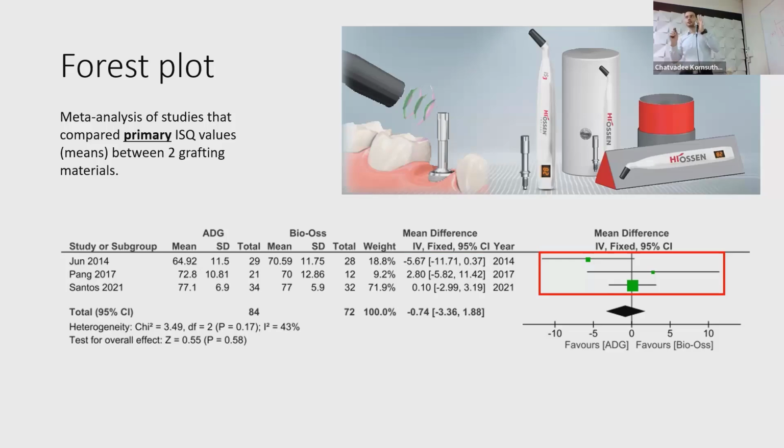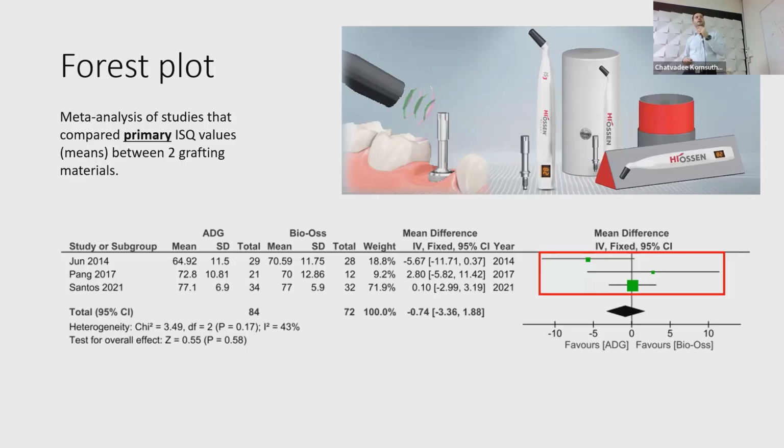Okay? All right, just keep it as it is for now. Things will become clearer more and more later. Now, how about this one? Why is it on the positive side? It's around 2.5. Why? Okay, very good. Yes, thank you. Because ADG has a higher mean score, higher mean implant stability compared to BioOS, which is 70.